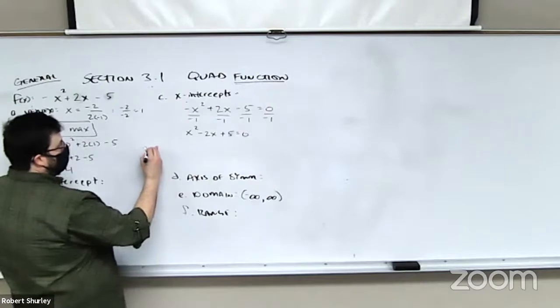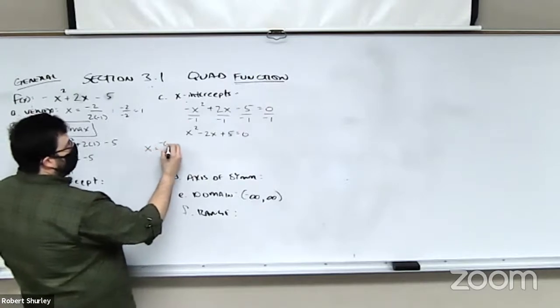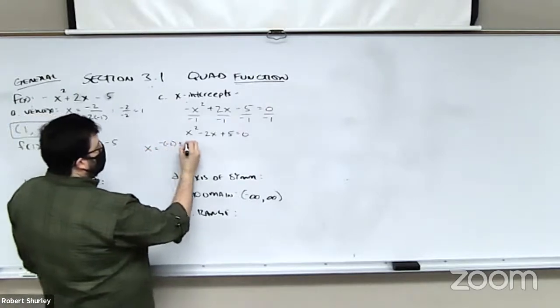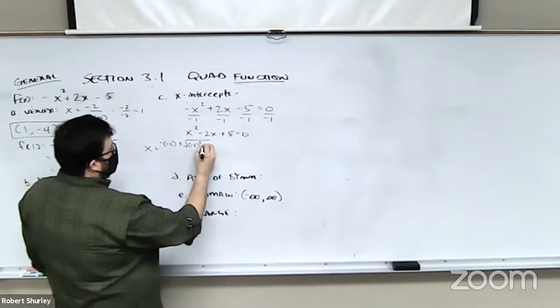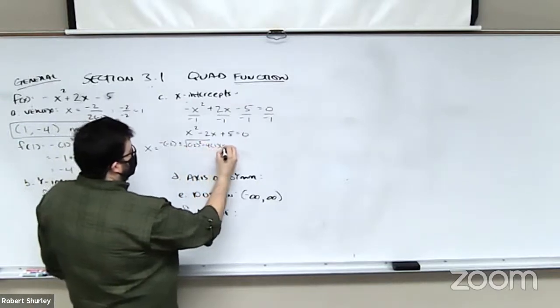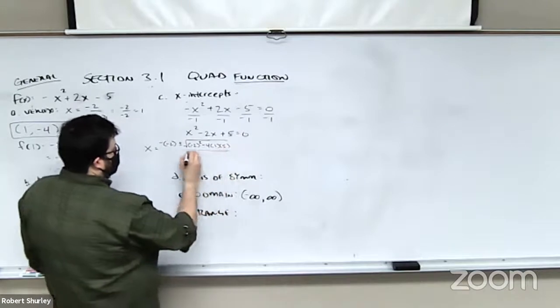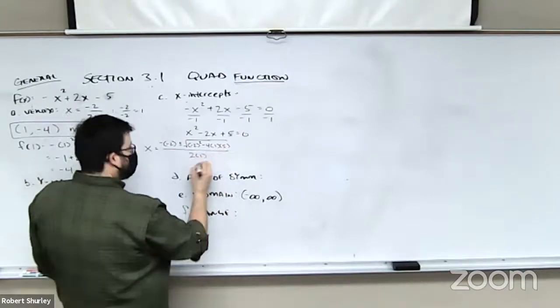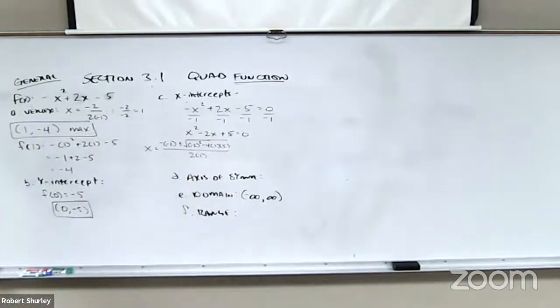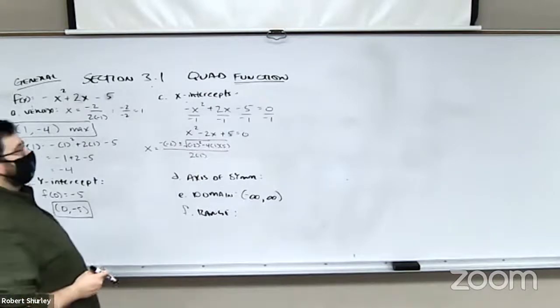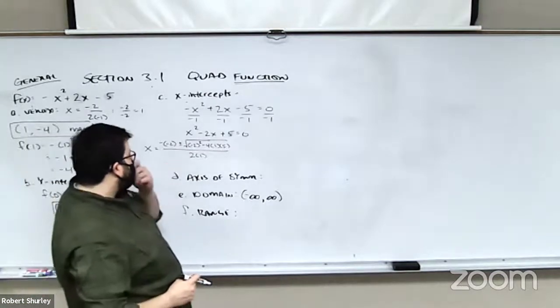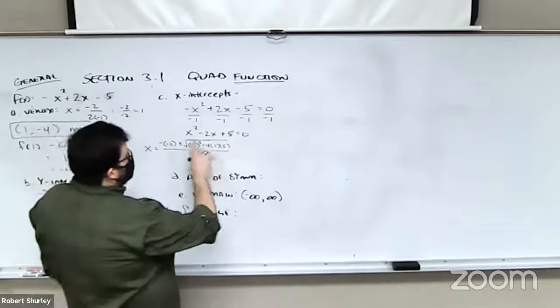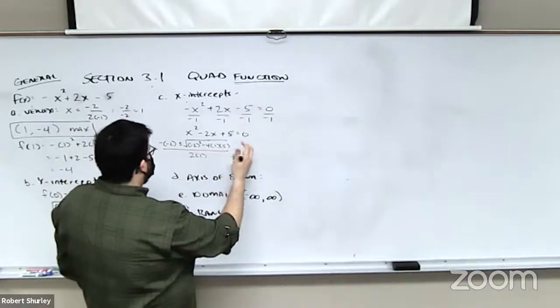So I'm going to have to use the quadratic equation. So x equals negative b plus or minus the square root of b squared minus 4 times a times c, all over 2 times a. The quadratic formula we went over at the beginning of the semester, I'm going to have to use it here. Now I'm going to simplify what's underneath the radical.